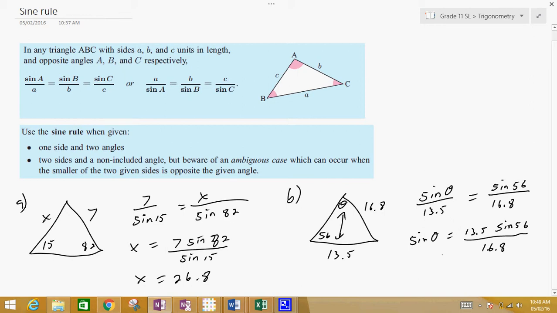Once you figure that number, then theta is equal to sine^-1, so the inverse sine of that number, and you get theta is equal to 41.8.